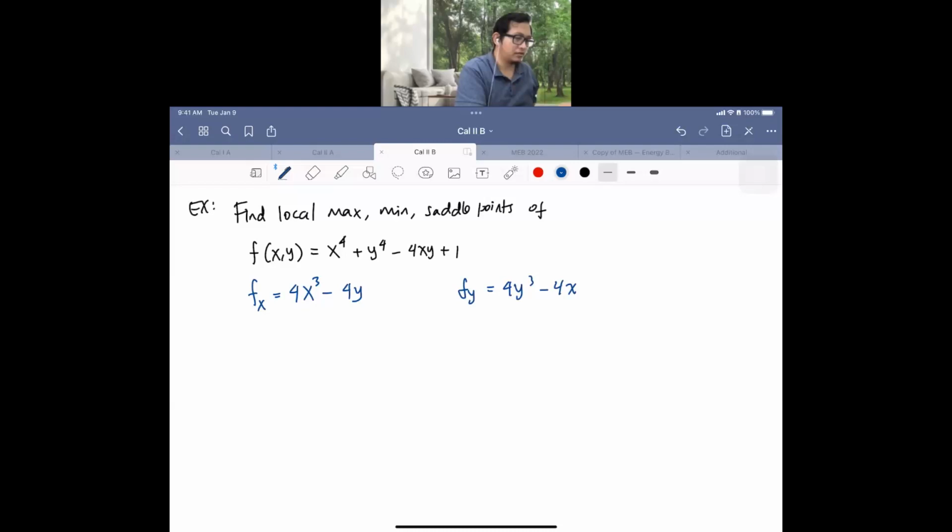Okay, now we find the critical points. We find that we have x cubed minus y equals 0 and y cubed minus x equals 0. Now we can substitute either from x to y or y to x and solve the equation.